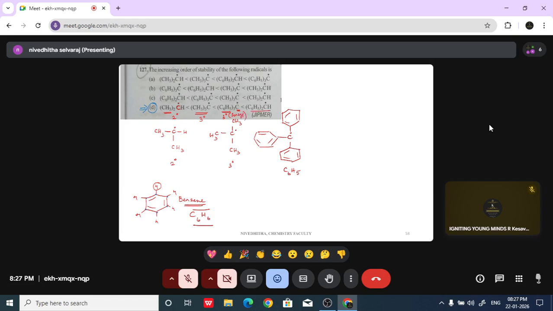Could you please tell me this one? Secondary. Yes, it is benzyl and secondary. We know benzyl carbocations are more stable, and as the number of benzene rings increases, stability also increases, right, Kana? Now tell me, is this order the right one?